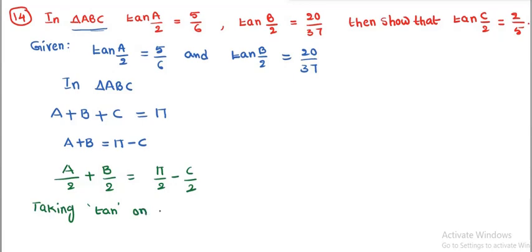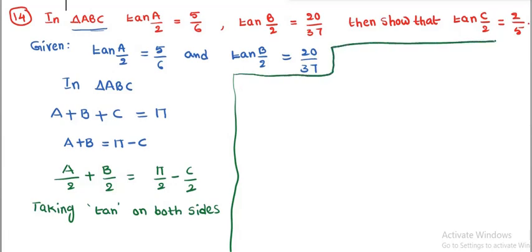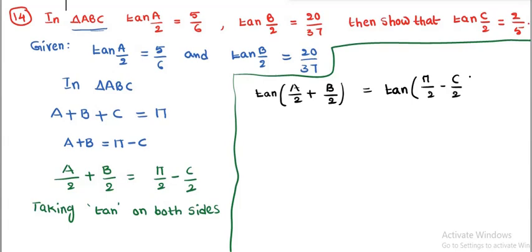So taking tan on both sides, tan of A by 2 plus B by 2 is equal to tan of pi by 2 minus C by 2.